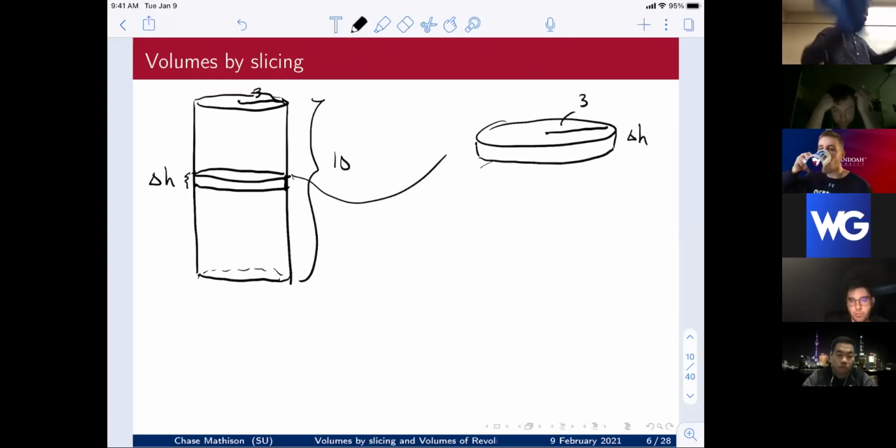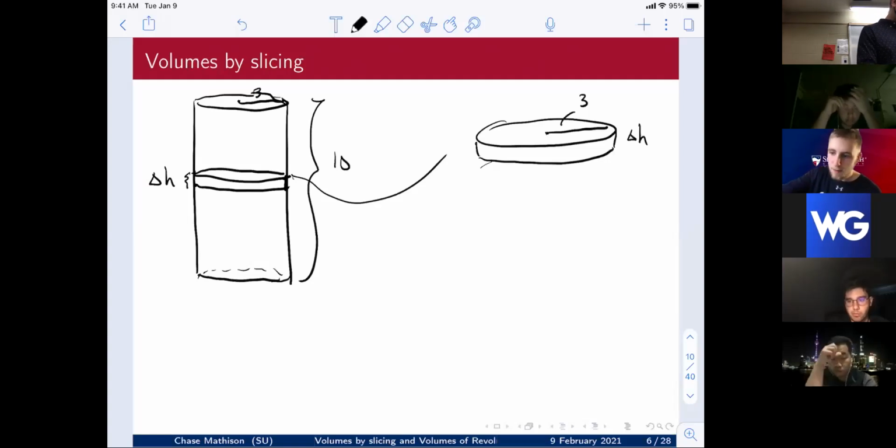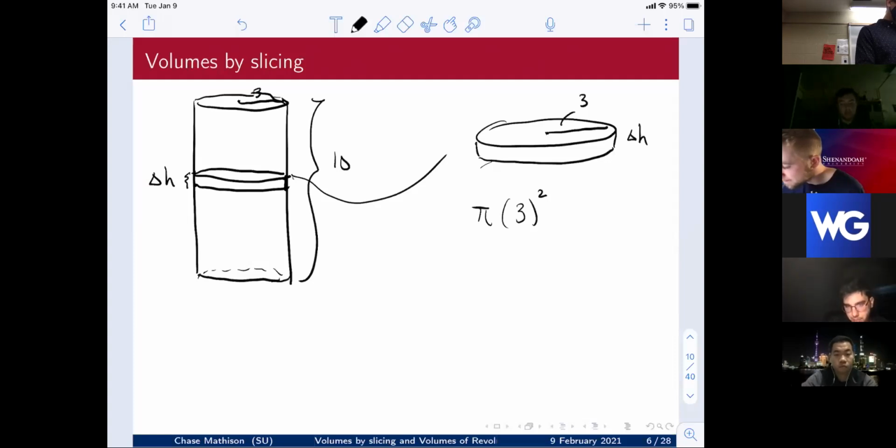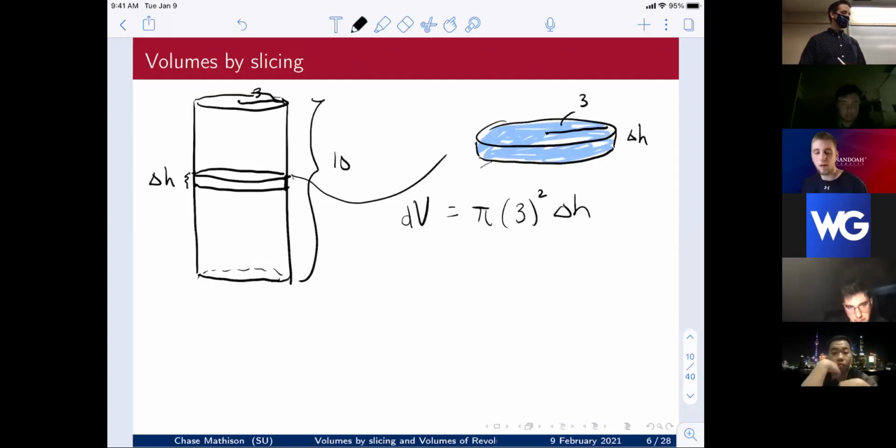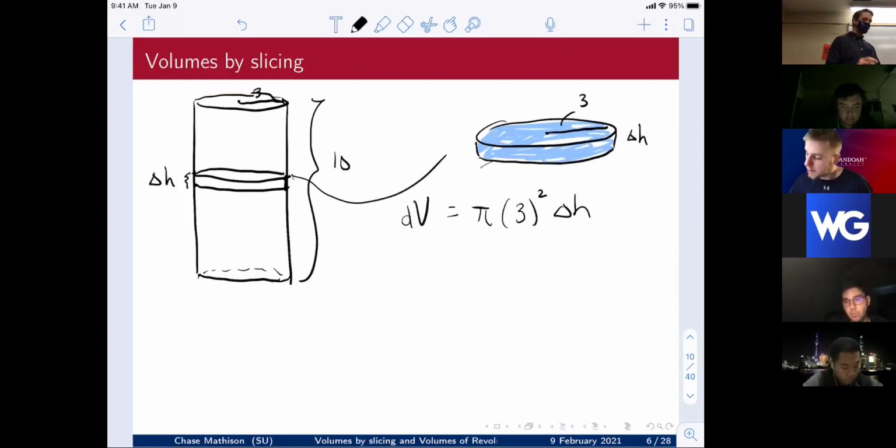But stay with me. So I'm going to get pi times r, which is 3, squared times delta H. That's the volume of this little sliver of the big cylinder, okay? So I'm going to call that dV for a second. A little bit of volume, or delta V if you want. So that was for a tiny little sliver.